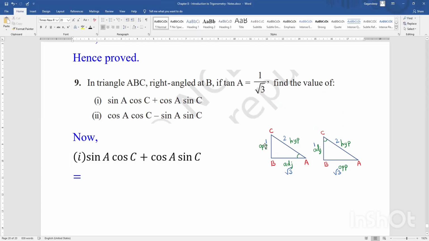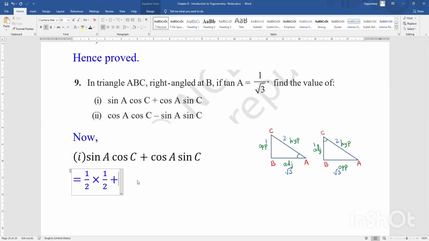Sin A is opposite by hypotenuse, that is 1 by 2. Then cos C: take the second figure, cos C is adjacent by hypotenuse, that is 1 by 2.